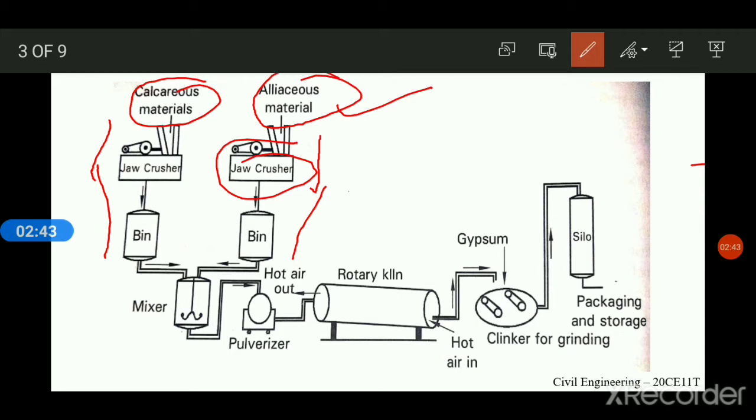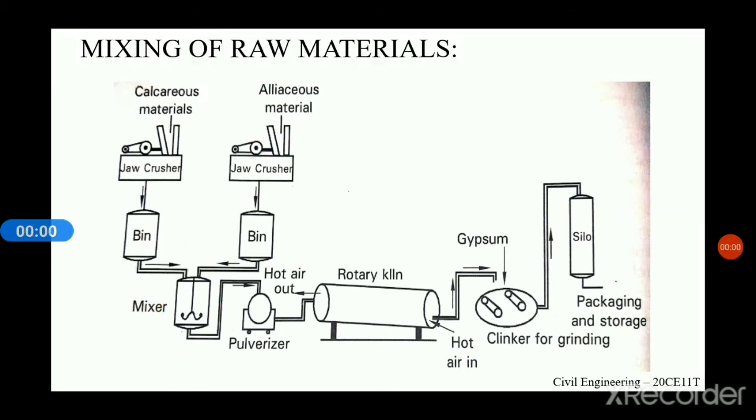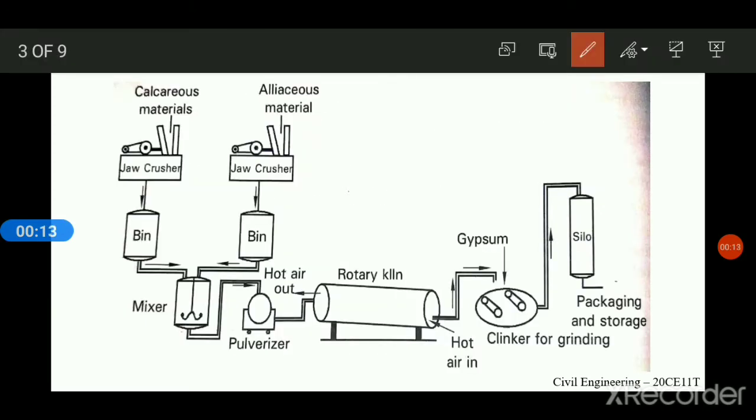So the calcareous material, that is limestone, and this is clay. After crushing, they are stored in separate storage, and finally both limestone and clay are mixed in a mixer, you can see here, and finally the mixture is fed into the rotary kiln for burning.